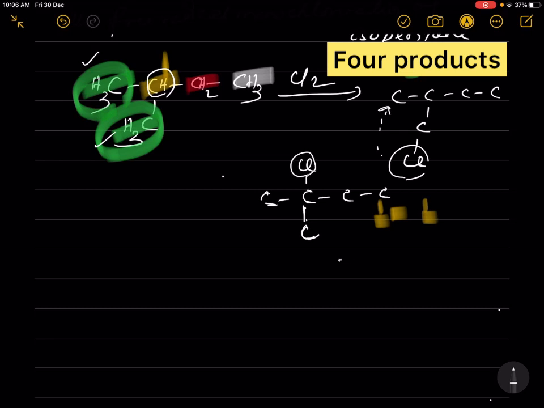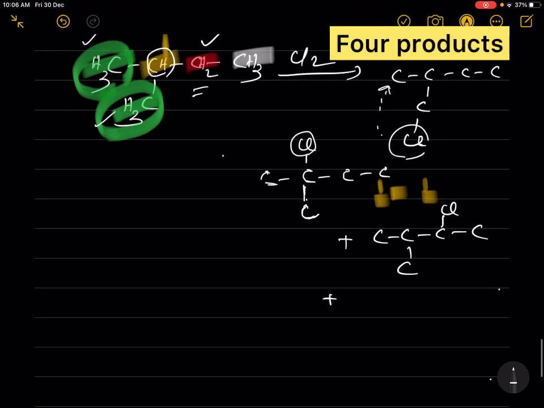Next, for this you can write one chlorine over here. Next, here you also substitute, giving 1, 2, 3, 4 products. I have just given the skeletons, so you can write the exact structure by putting suitable numbers of hydrogen atoms.